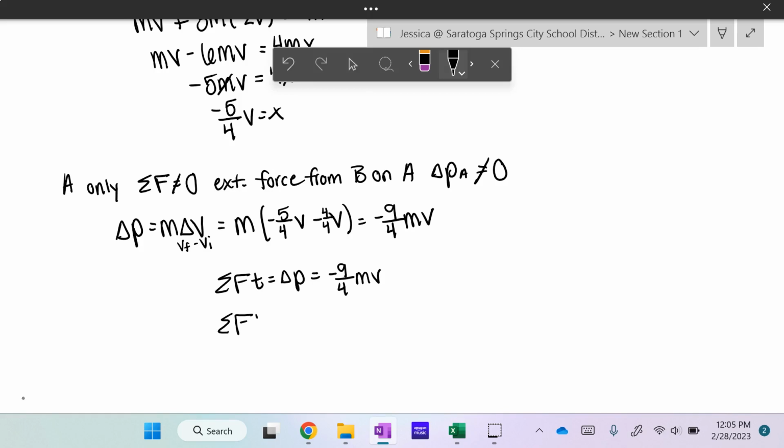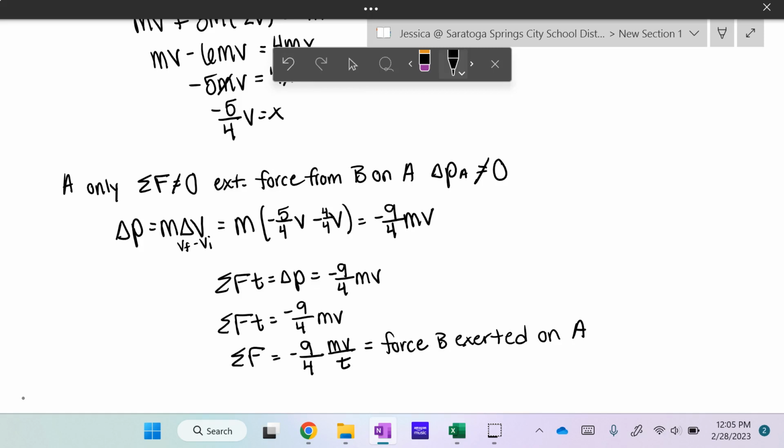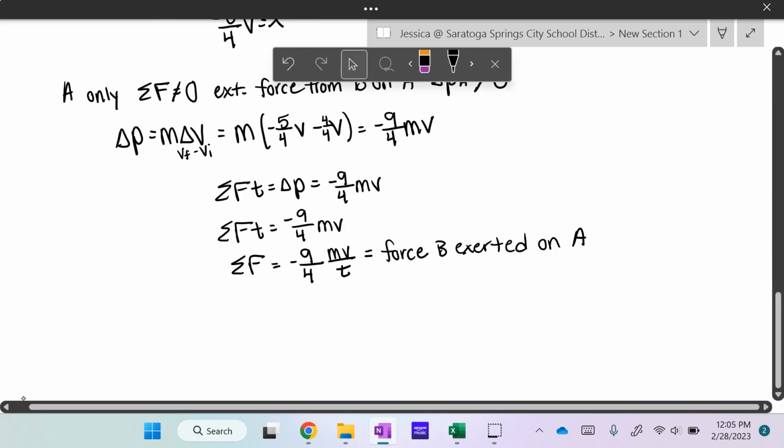And if I knew, let's say, how long the collision occurred for, I could figure out the force that B exerted on A. So this would be the force B exerted on A. So it's another way of finding that kind of internal force if I don't necessarily know accelerations or things like that. So now let's take a look at the B only system.